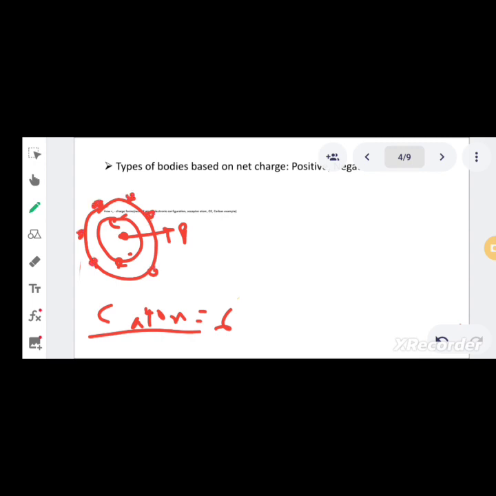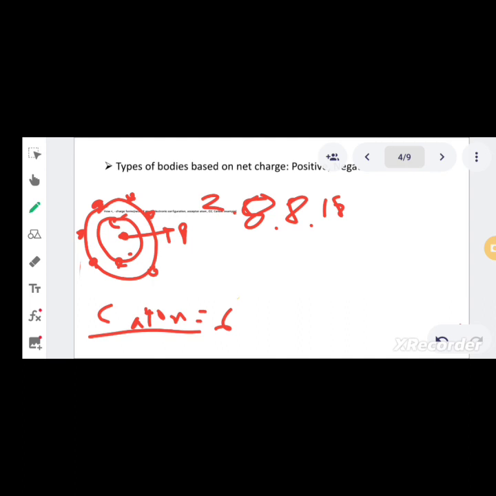We all know that the stable electronic configuration is 8, 18, just like that. To attain stable electronic configuration, it will try to accept 2 electrons so that it can make the outer orbit 8 electrons.